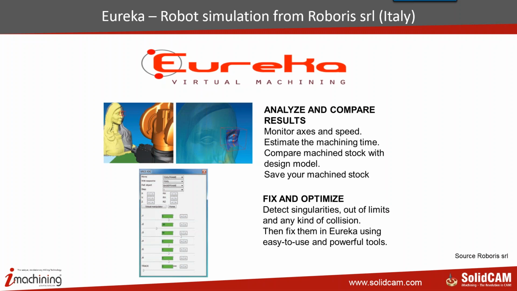But I will not talk about those complex topics. I'm concentrating on the main problem I showed in the beginning: there is a fix and optimized solution, detecting singularities or limits, how to fix them, and how easy that handling is to use.